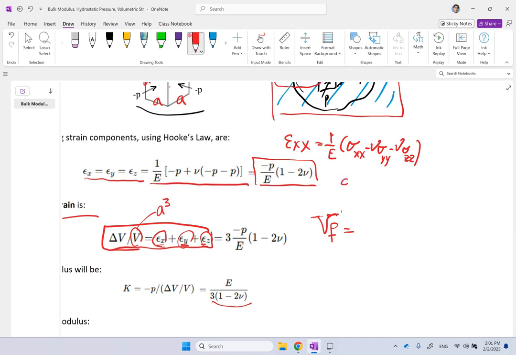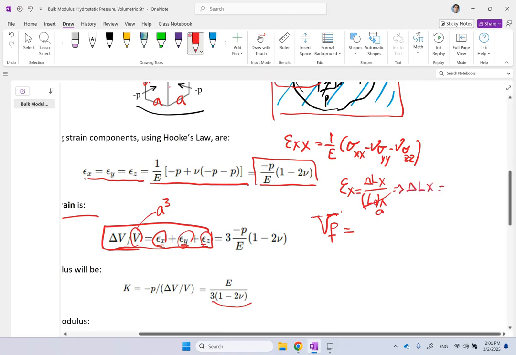Now, how much is the new volume after all the strains are applied? Well, the strain in the x direction, epsilon x, is equal to the change in the length in the x direction over the initial length in the x direction. Now, the initial length in all directions was A, so clearly you see that delta Lx is equal to A times epsilon x.